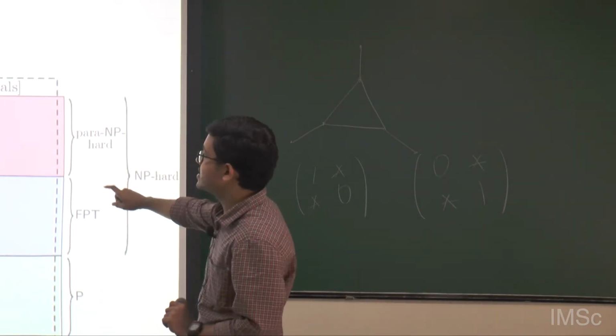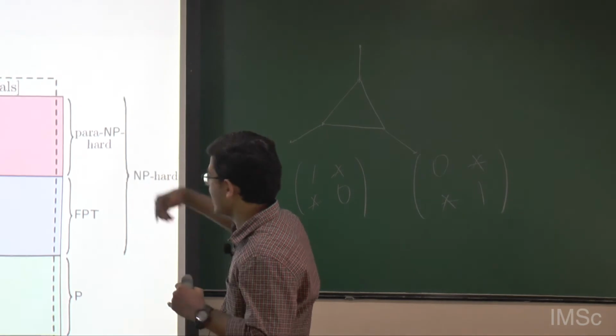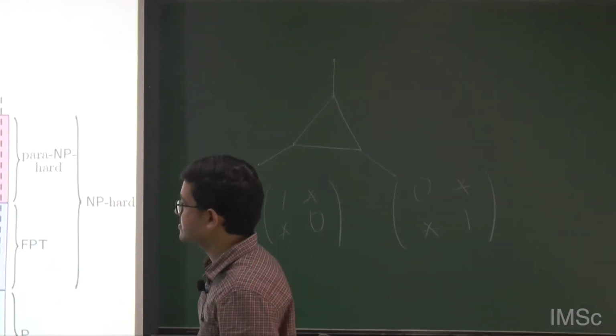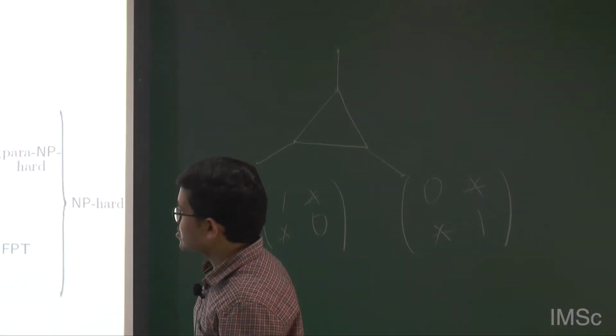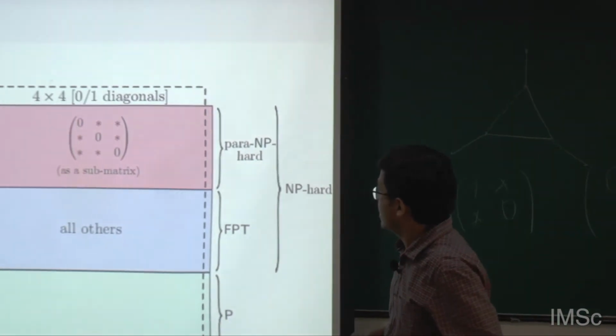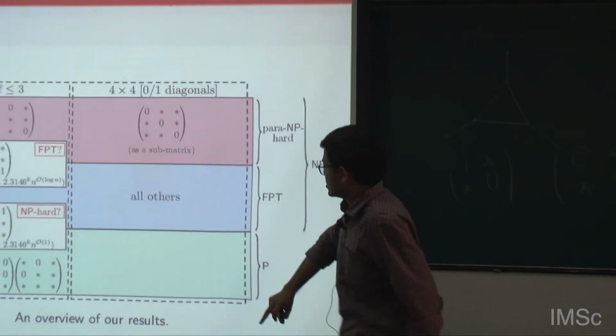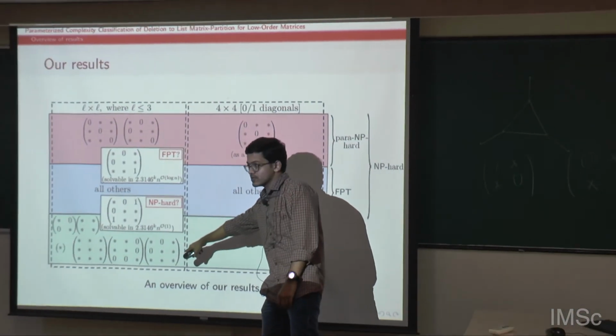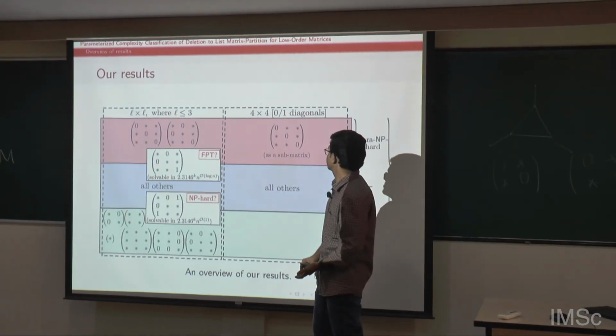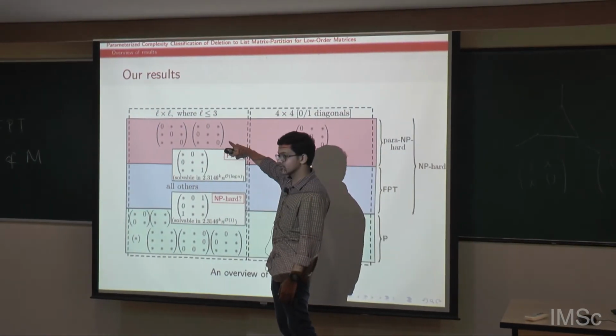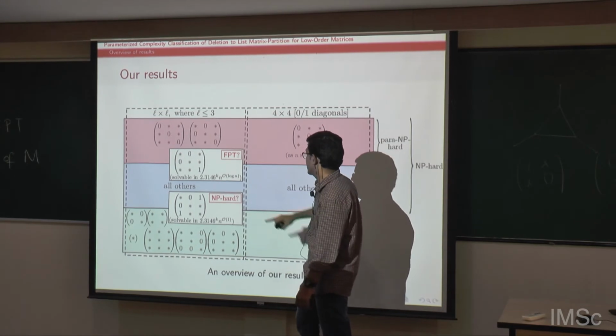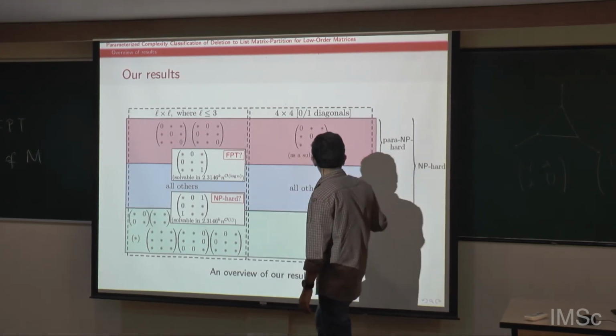So matrices are written up to complement and this sort of equivalence. So for all these matrices here, the problem is polynomial time solvable. These 2 matrices are going to be para-NP-hard. All other matrices are FPT.